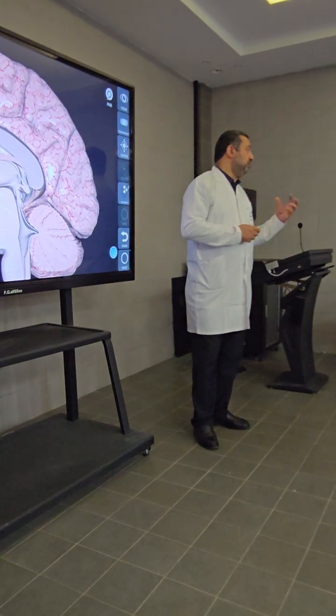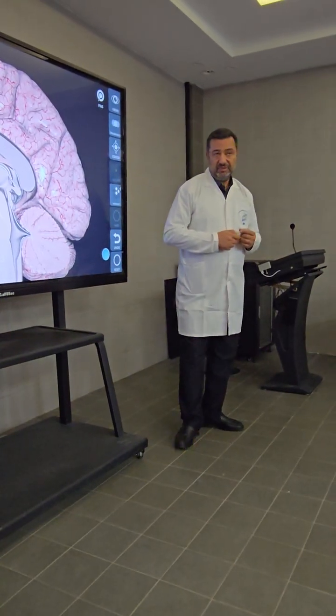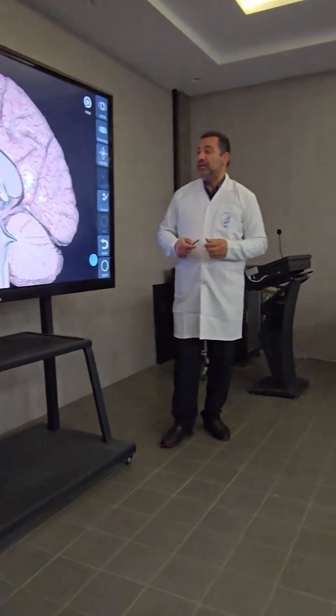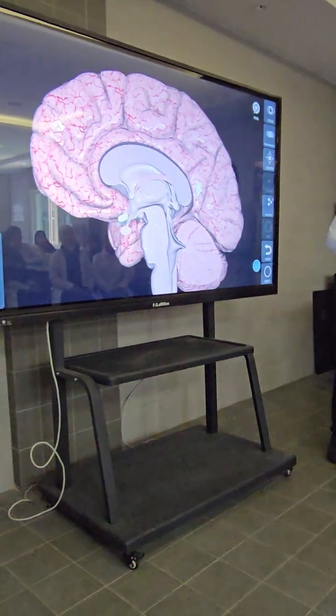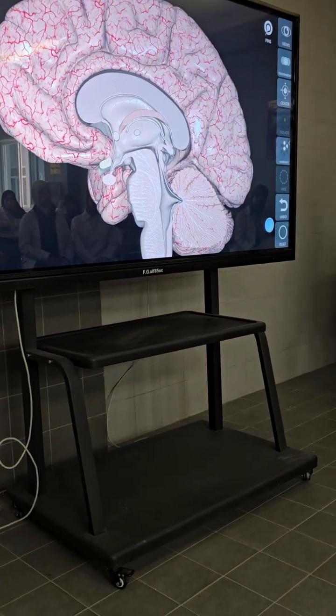Maybe there is occlusion in the anterior cerebral artery. Is it clear? This is the medial surface of the cerebral hemisphere.